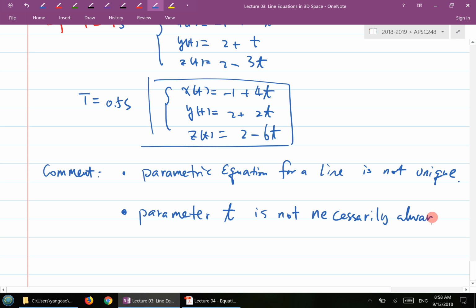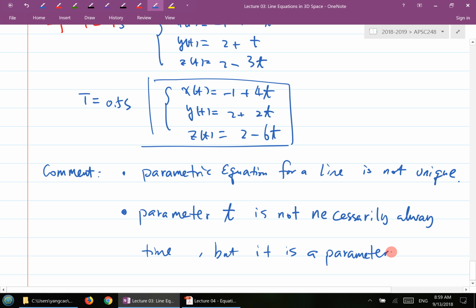It's not always time, so don't mix them together here, but it is a parameter. It's a mathematical symbol, t.